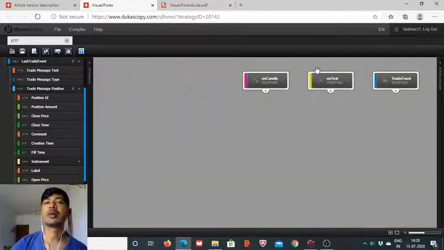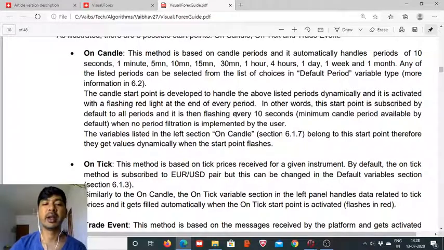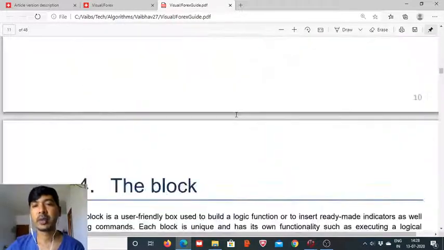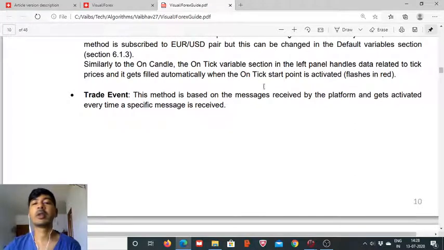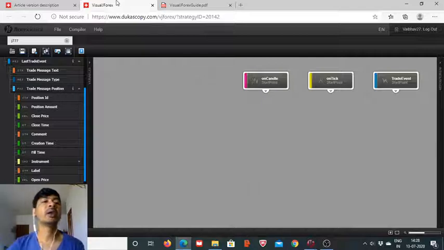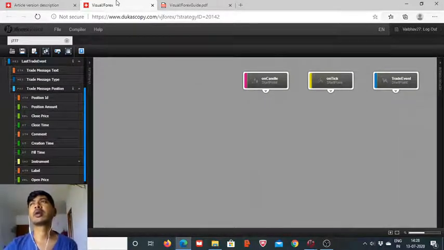You can have some details from the Visual JForex guide as well. Here you can see that this method is based on the messages received by the platform and gets activated every time the specific message is received, and it is very useful when you are concerned with the change of direction after the trade has been taken.